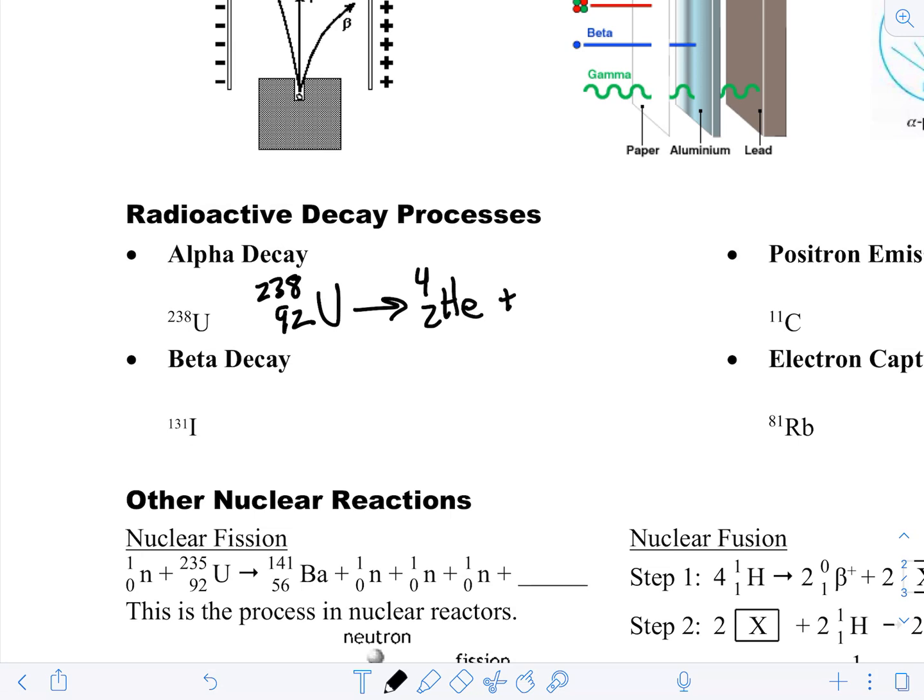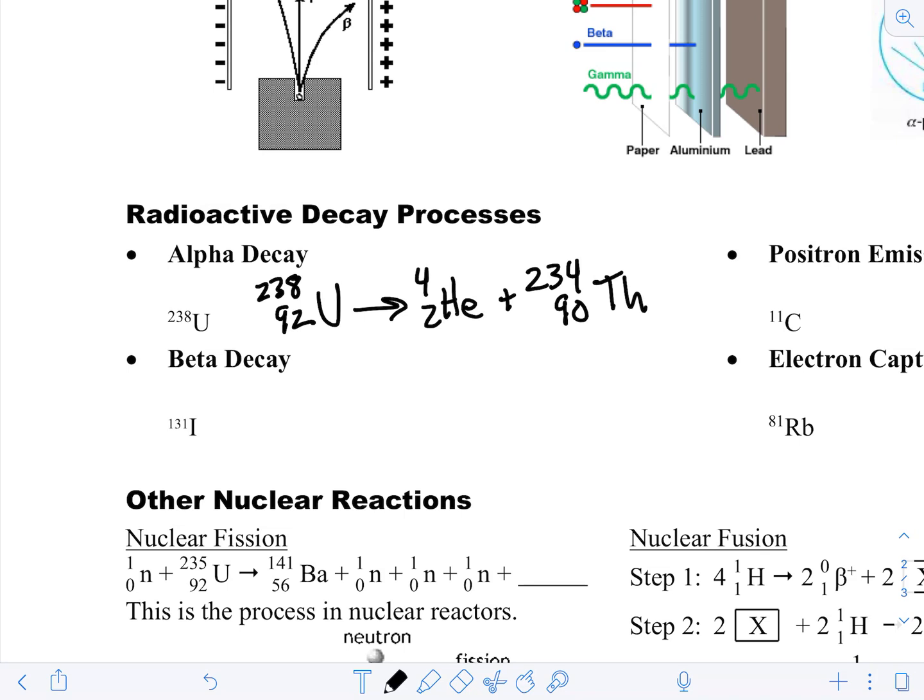Now please remember that you want to subtract 4 from 238 because you want to conserve mass. And then because you have 92, you subtract 2 from that, and that gives you 90. Now you go to the periodic table and see what is the symbol of the new nucleus, and it's thorium.